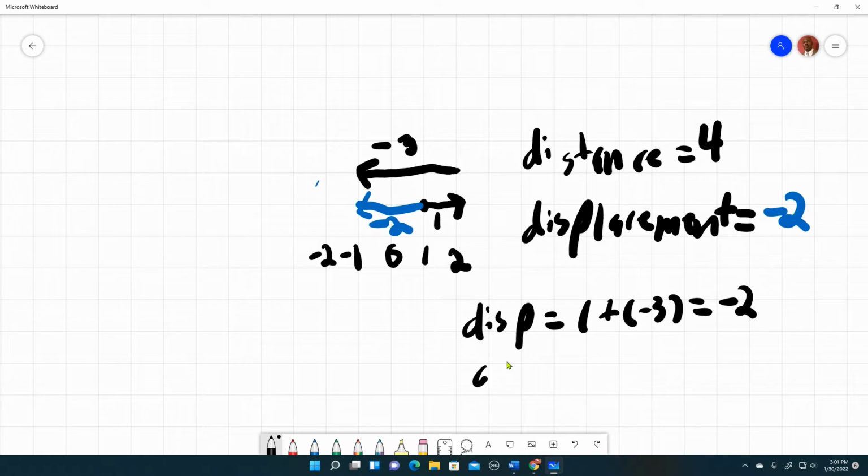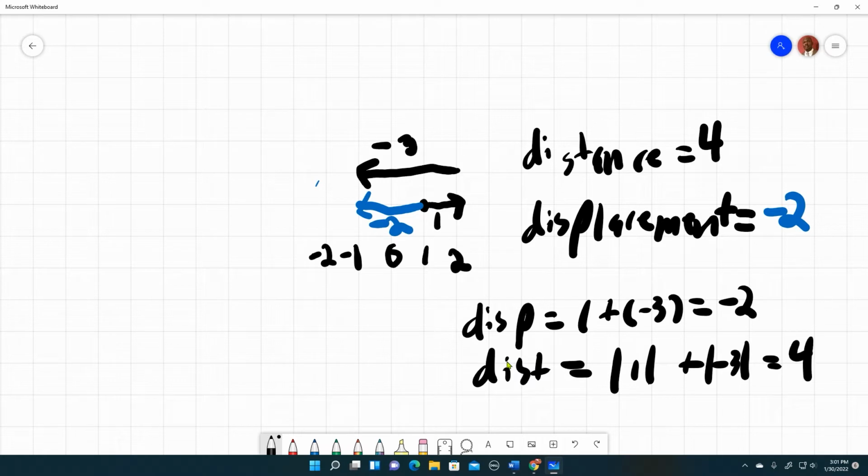And for the distance, where we don't care about the direction, we just take the absolute value of everything traveled, it would be the absolute value of 1 plus the absolute value of -3, giving us 4.